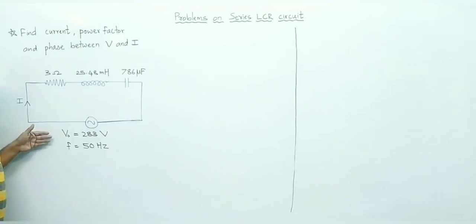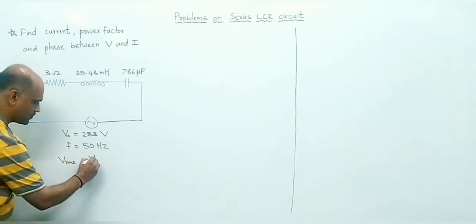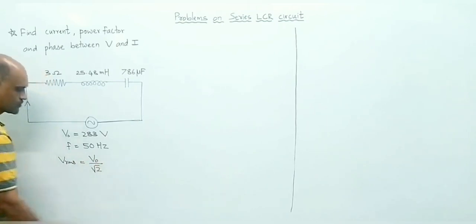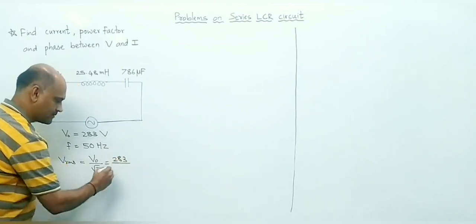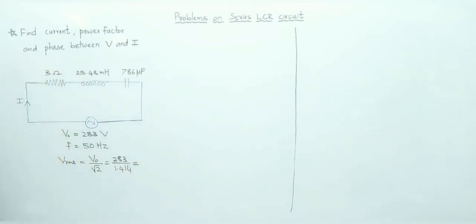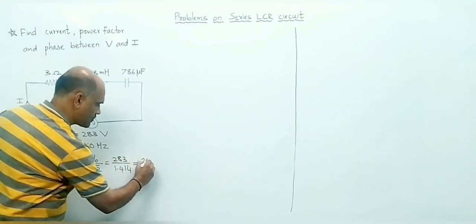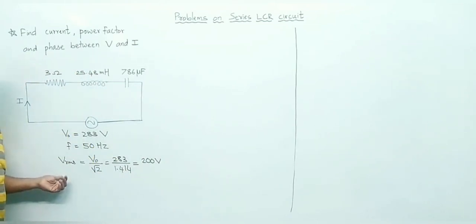So first I will convert this peak voltage to root mean square voltage. VRMS is equal to V0 divided by root 2. So V0 is 283 divided by root 2, which is 1.414. If you divide this, you will have the root mean square value of voltage. It is around 200 volt.